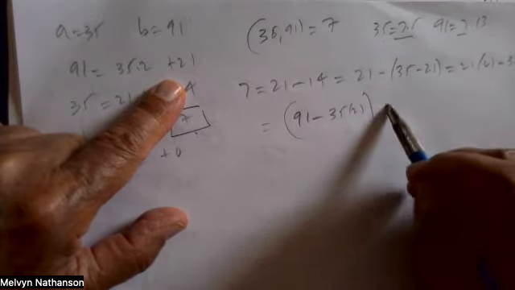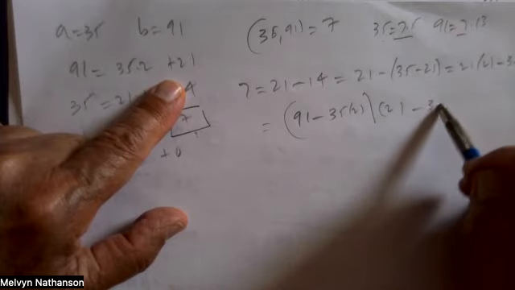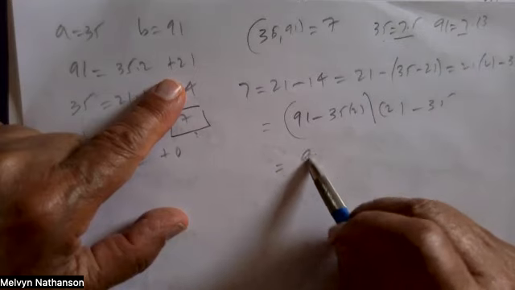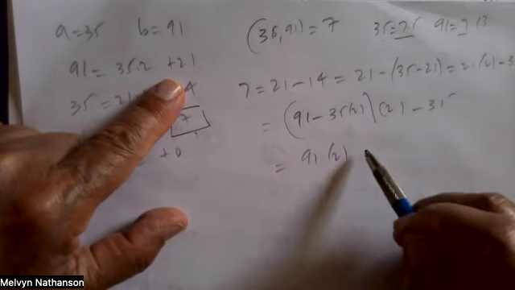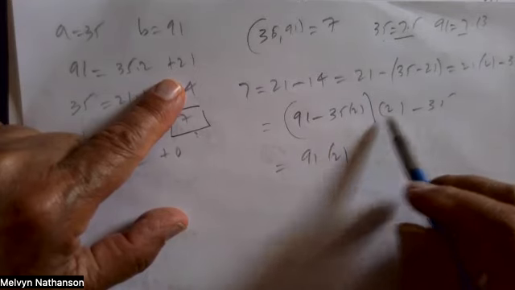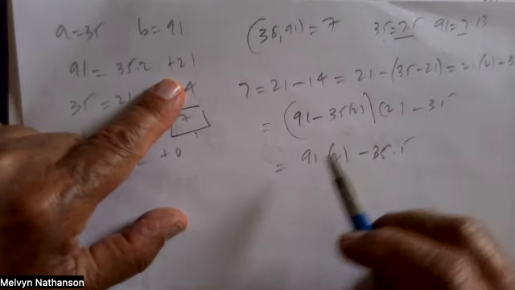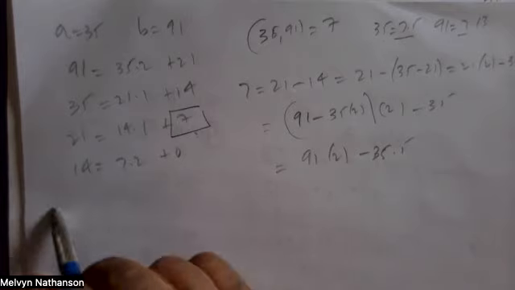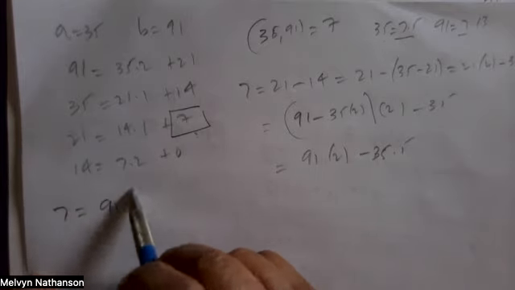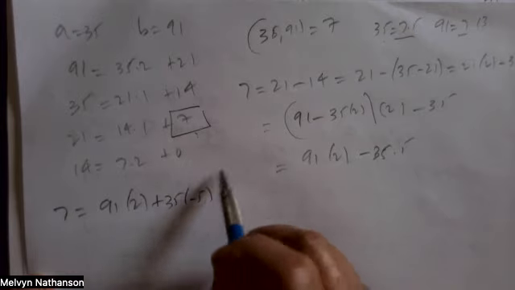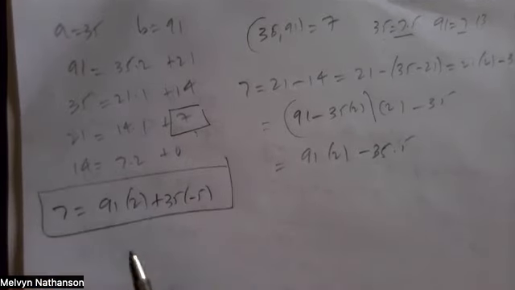It's this times 2 minus 35. So this is 91 times 2 minus 35 times 4 minus 35 times 5. So this says that 7 is 91 times 2 plus 35 times minus 5. So here I've written 7 as a linear combination of these two numbers.